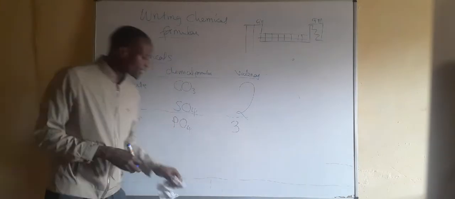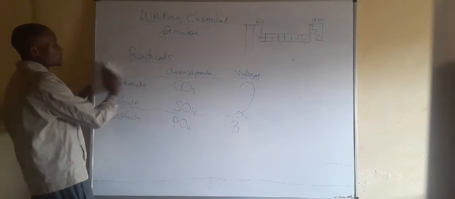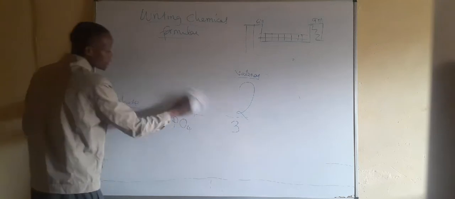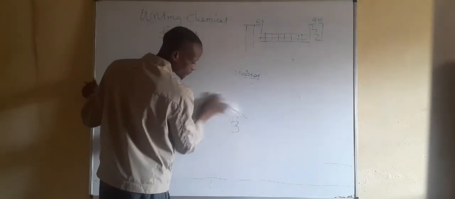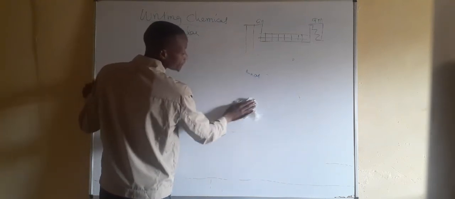So now, let us try to write some chemical formulas of compounds. Bearing in mind that we have known how to find the valence numbers and also the valence numbers of radicals and their formulas, let us write some chemical formulas of compounds. We are going to start with calcium chloride.